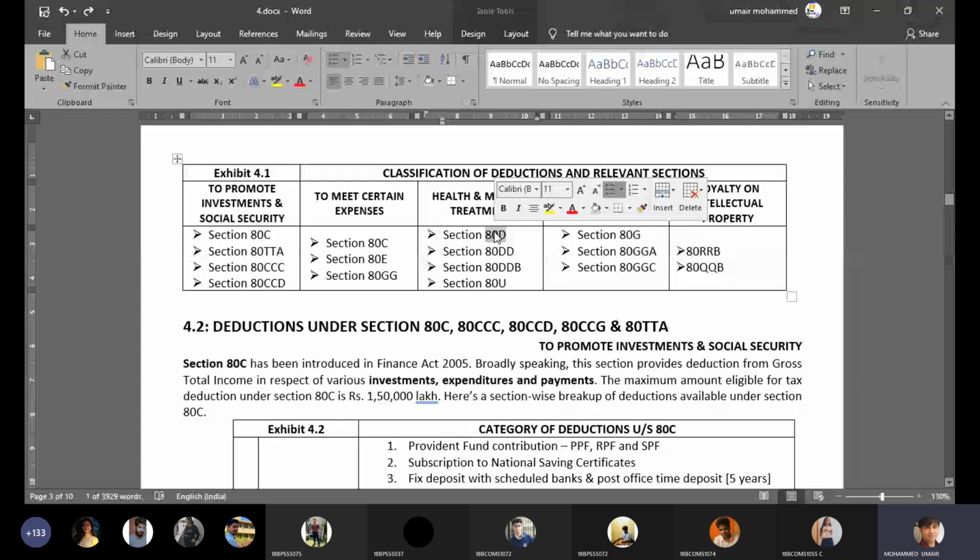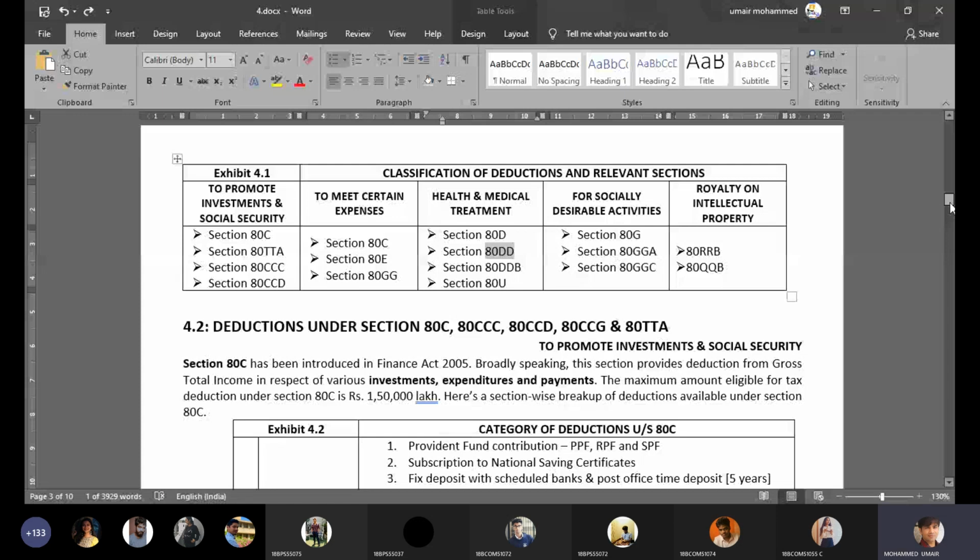And in addition to this, preventive healthcare checkup, a maximum of 5,000 is given. 80DD: the assessee's dependent is disabled, for which he can claim either 75,000 or 1,25,000, depending on the severity of disability. And in case of 80U, the assessee himself or herself is disabled, whereas the other provisions are more or less the same.